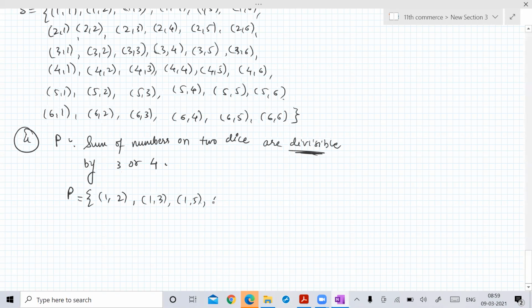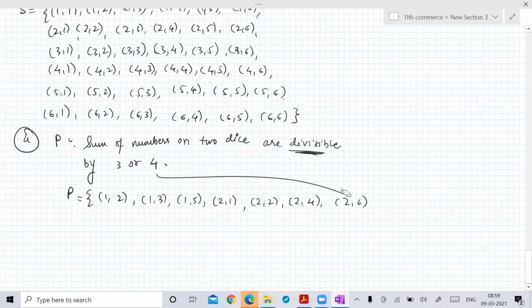Next 2,1. Again it is 3. Next 2,2. Then 2,4. 2,6 will also come because 8 is a multiple of 4.